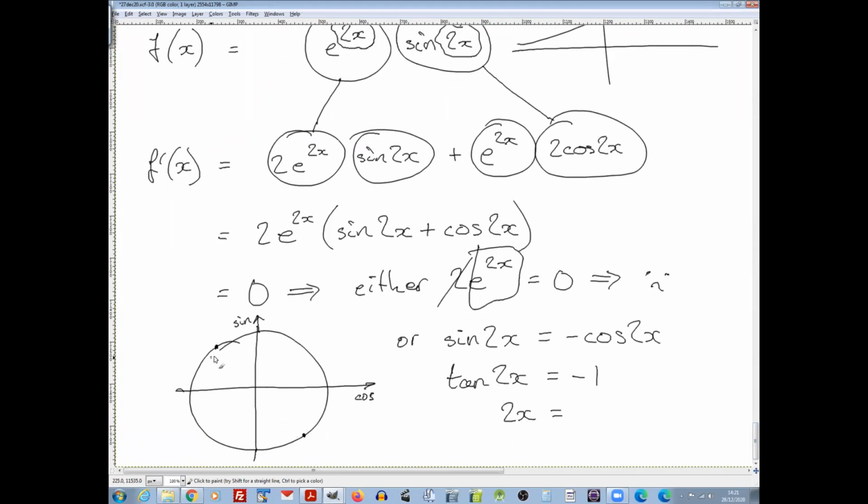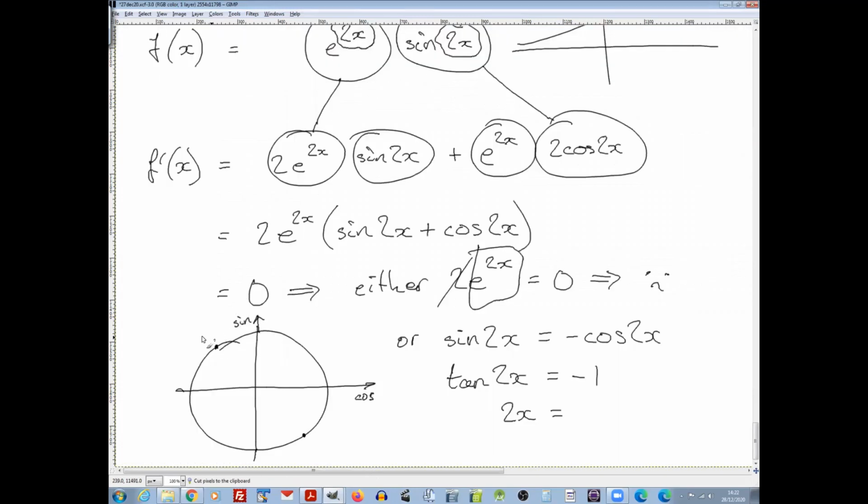But 2x must be either here, and we are dealing in radians, so that's like 10:30 on the clock. What angle is that, round from 3 o'clock? How have you got that point on the unit circle? Because the tan is -1. So the y coordinate has got to be the opposite sign to the otherwise equal x coordinate. So we've got to be here on this line somewhere.